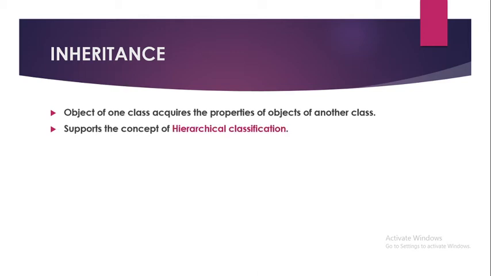Because one class is getting derived from another class, it is just like a base class and a derived class. It is like a hierarchical structure, so it supports the concept of hierarchical classification.